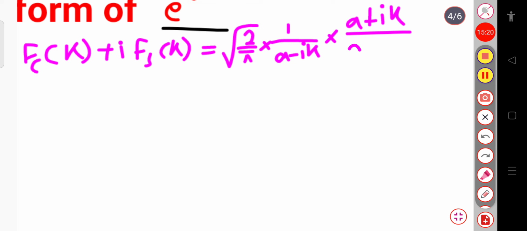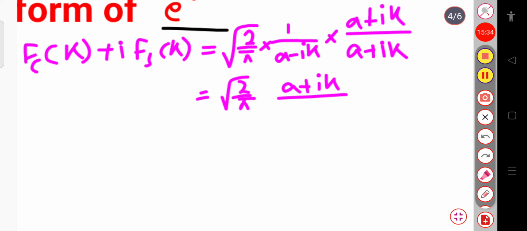So this will be root over 2 by pi into a plus iota k divided by, this is in the form of a minus b into a plus b, so this will be a square minus ik whole square. I square is minus 1, so minus into minus gets plus, a square plus k square.